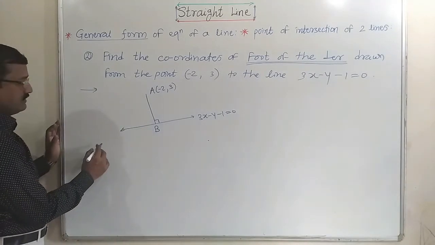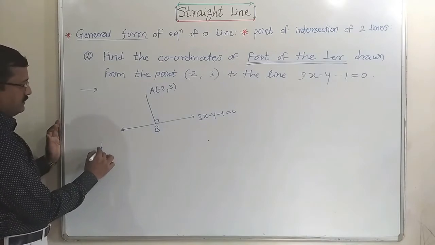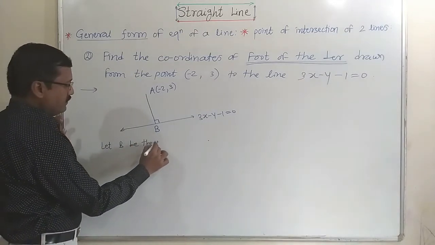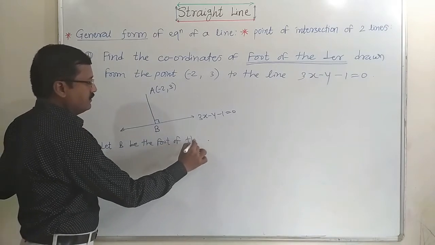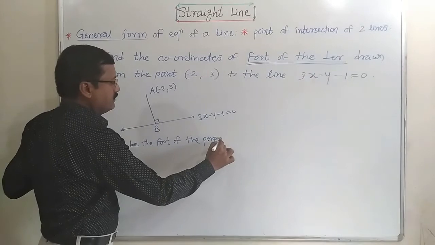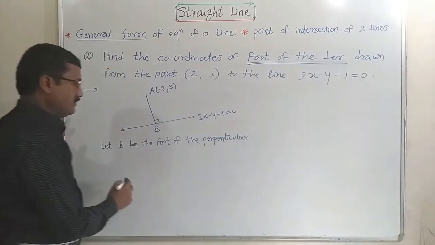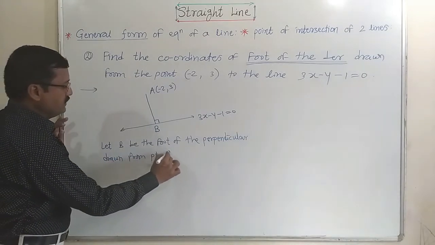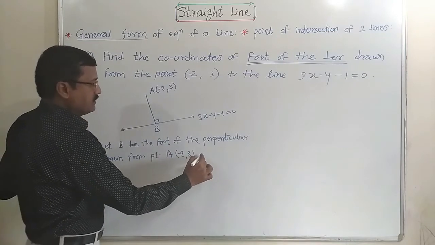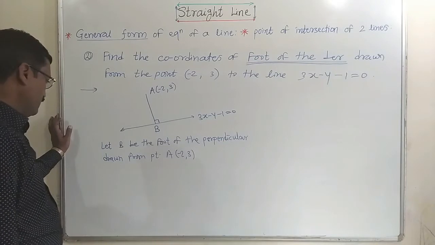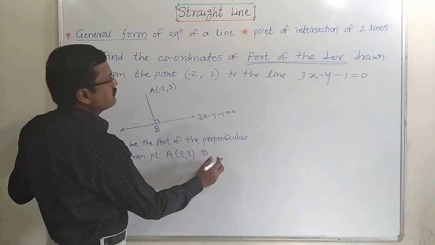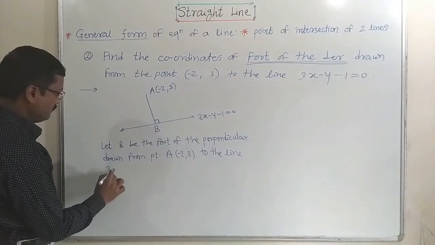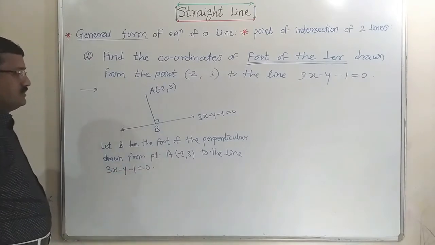And that we will write in our initial statements that let B be the foot of the perpendicular drawn from point A minus 2, 3, foot of the perpendicular drawn from the point A to the line 3x minus y minus 1 equal to 0.